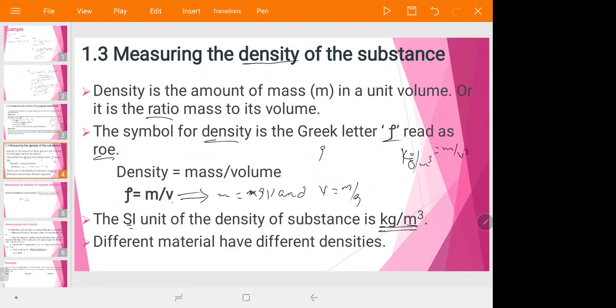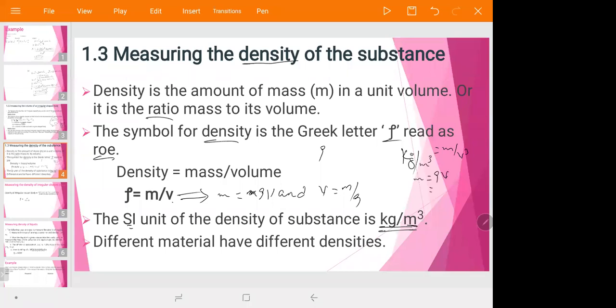When we talk about the SI unit of density, again, mass is equal to density times volume.